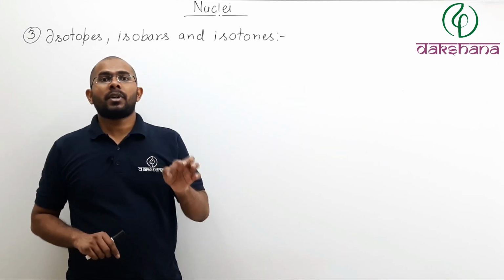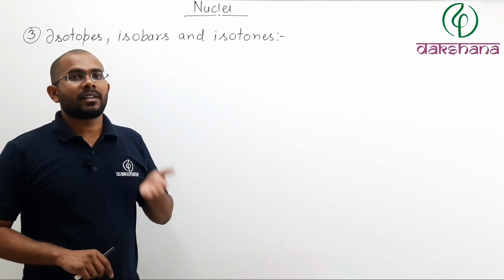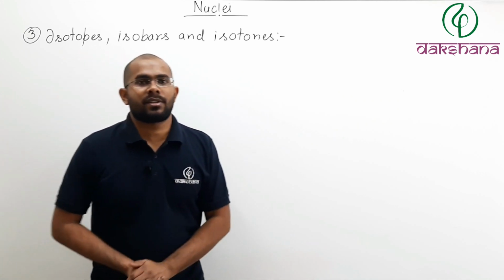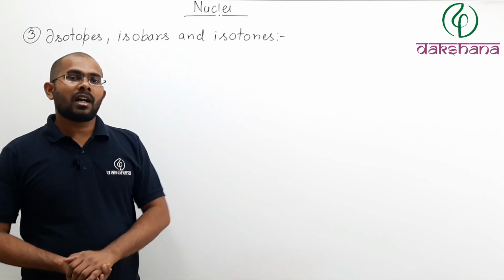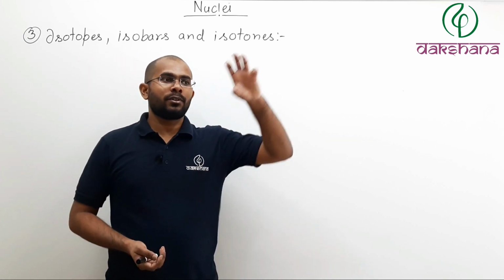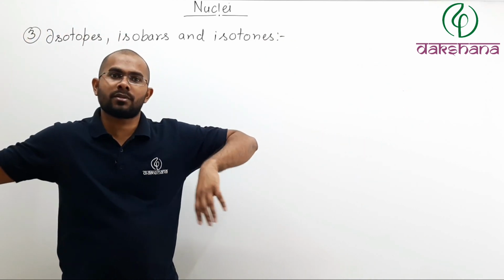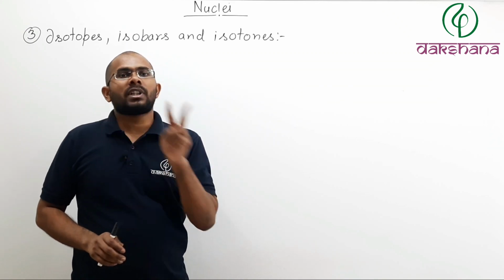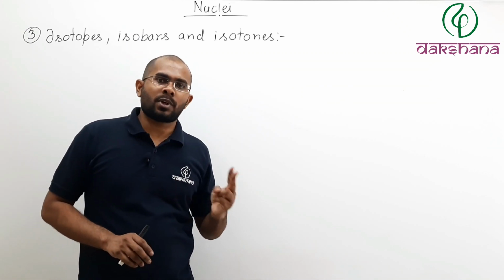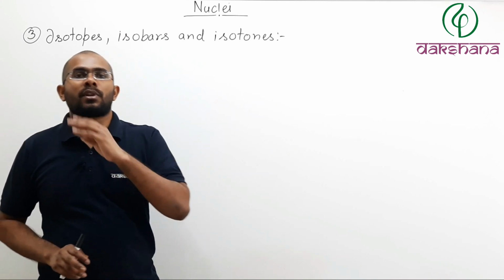It so happens that number of neutrons can vary, meaning if you take a carbon atom from one source and a carbon atom from another source, it is possible that both carbon atoms have same number of protons but different number of neutrons.